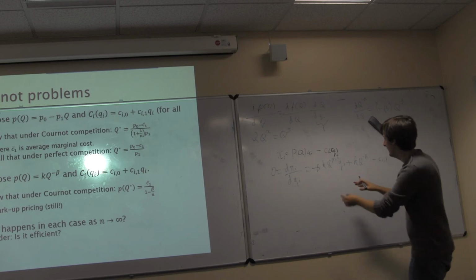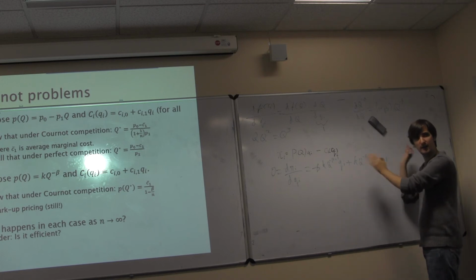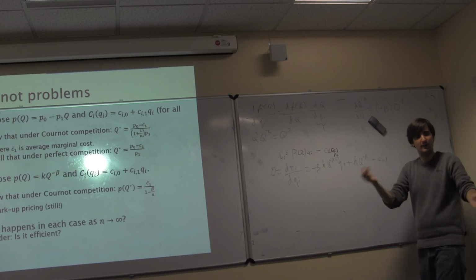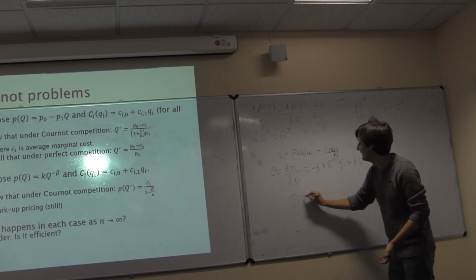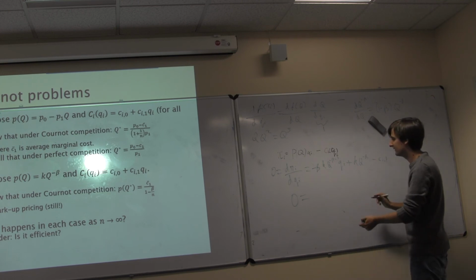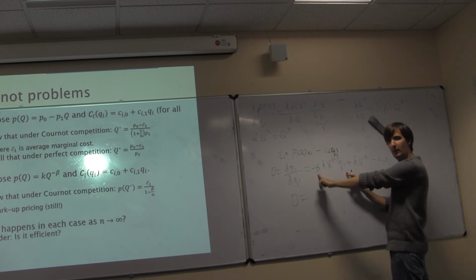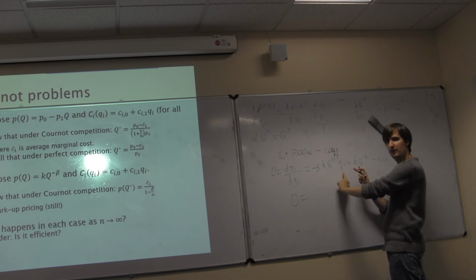So the next step, at the moment this looks messy, you don't know what to do with it. Just always follow the same rule, always add across the n firms. So we're adding across the n firms. What are we going to get here when we add across n firms? What's this expression going to become?